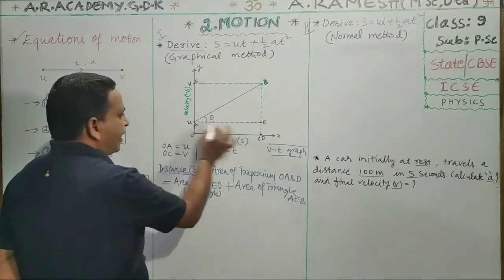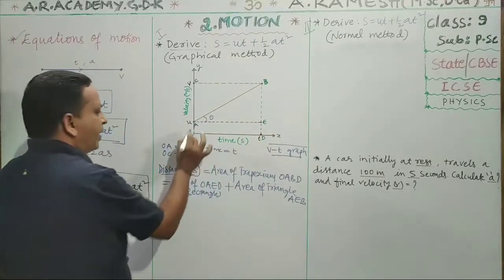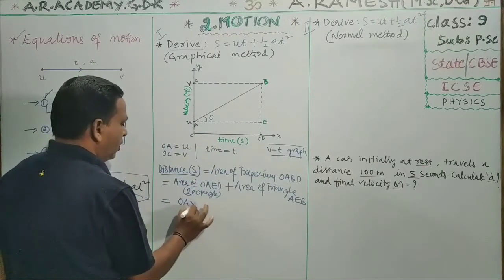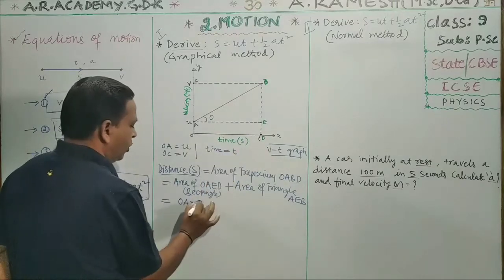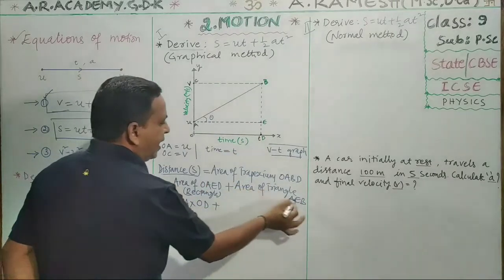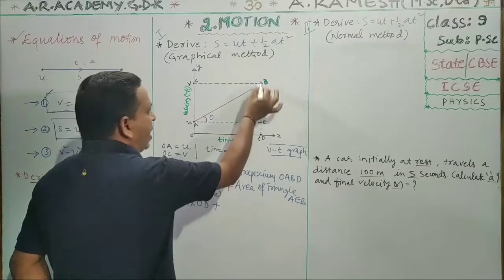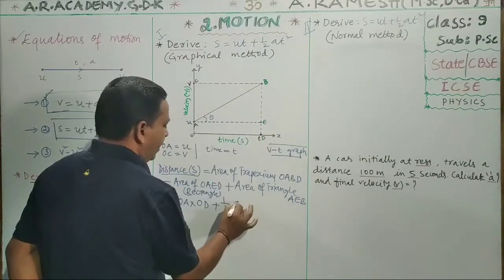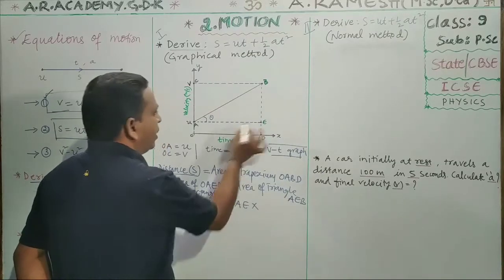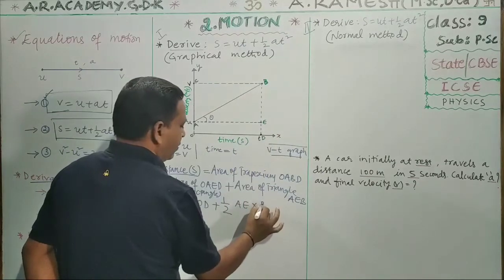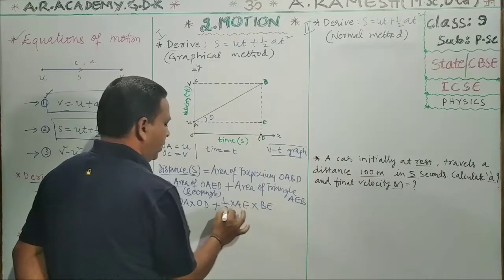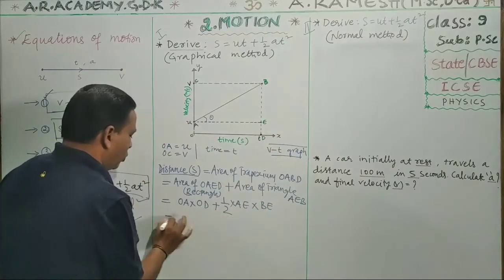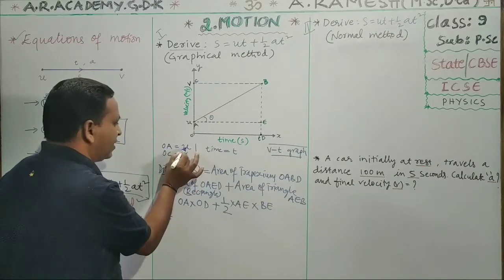So the area of the rectangle is OA into OD, plus the area of the triangle, which is half into AE into BE. OA, what is this here, children?